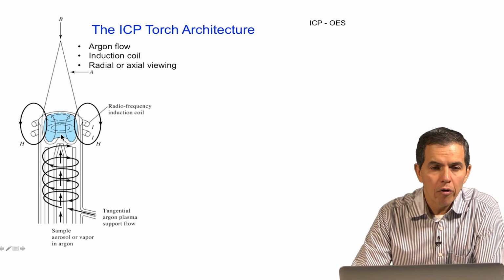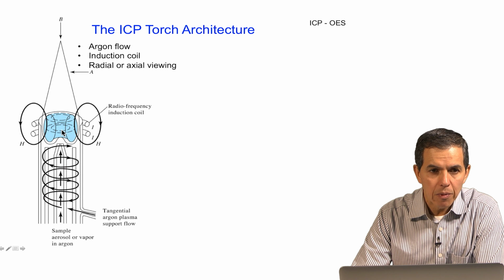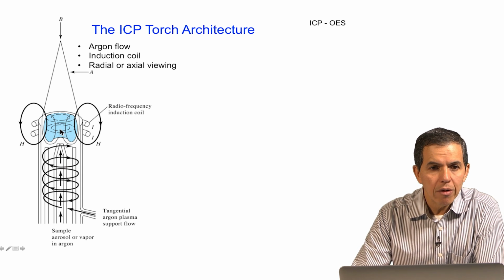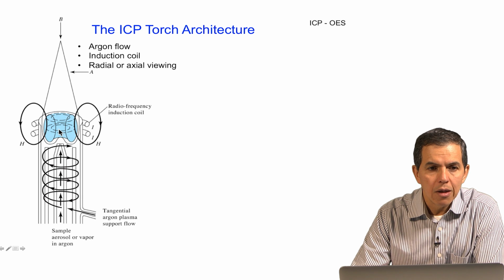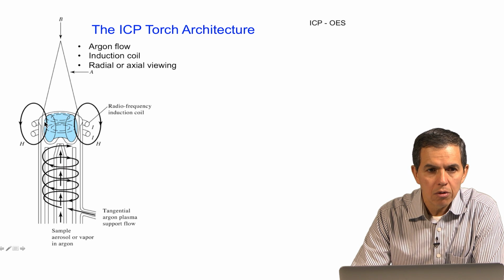Now let's talk about the origin of the plasma resulting in the ICP torch. The plasma results from the presence of an electromagnetic field provided by a coil that basically surrounds this region.